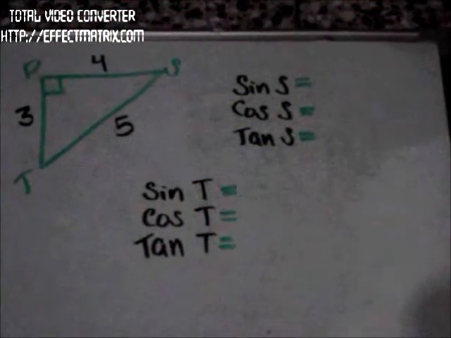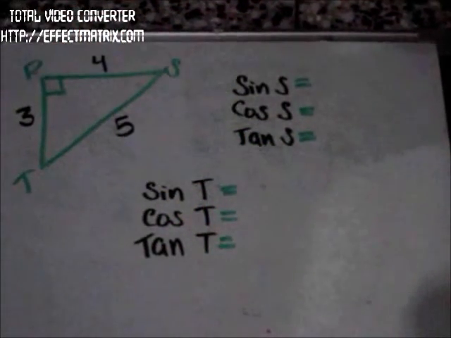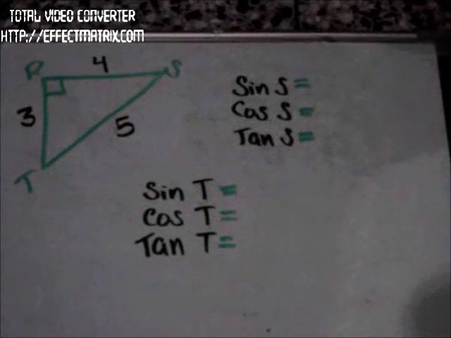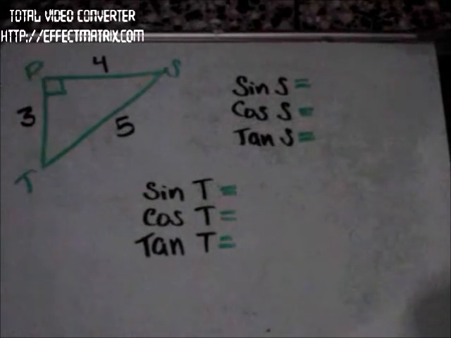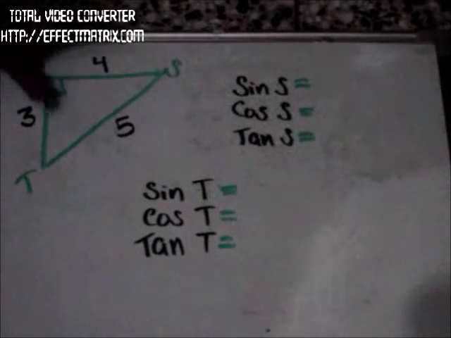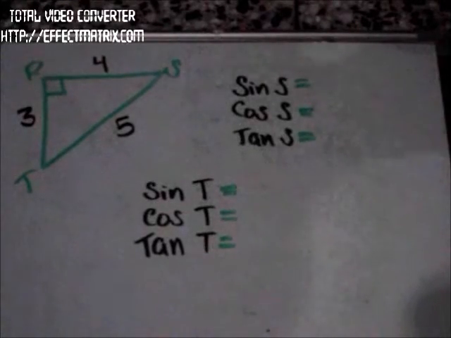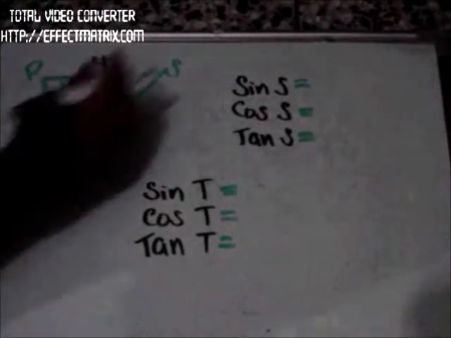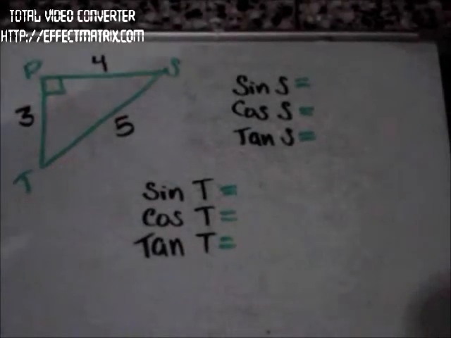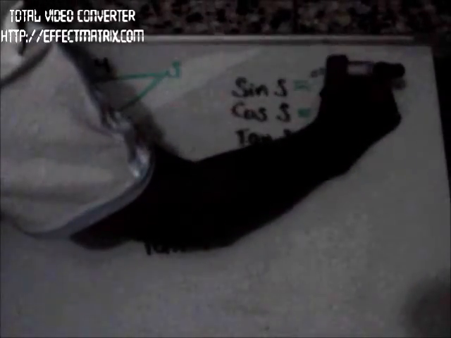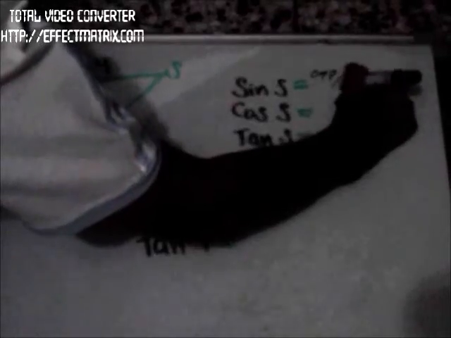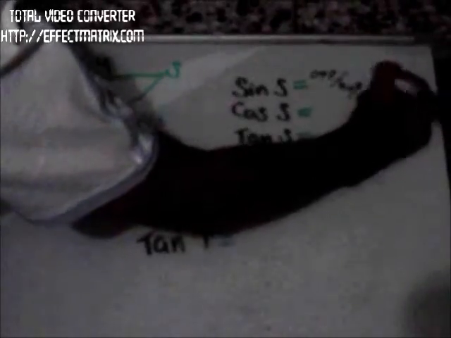So now we are going to start with exercise number 2. Here is another triangle. It is a right triangle. Now we will find sine, cosine and tangent of S and T, which are the acute angles. Now, sine of S. Sine, as always, is defined as opposite over hypotenuse.